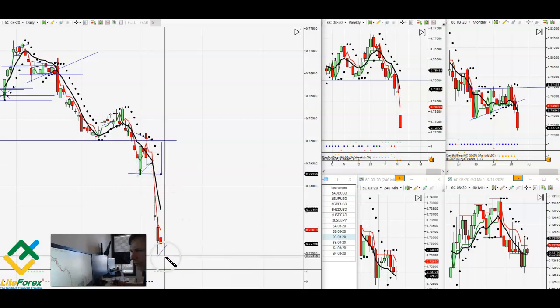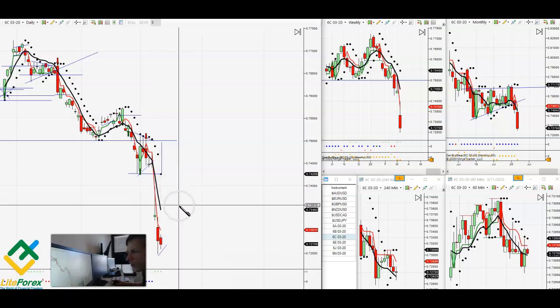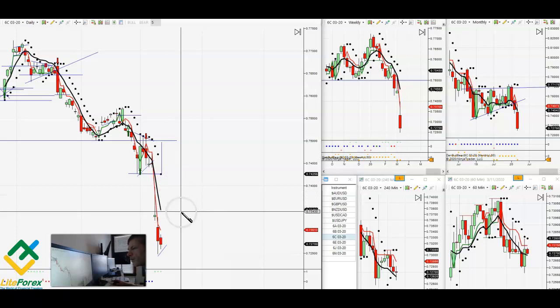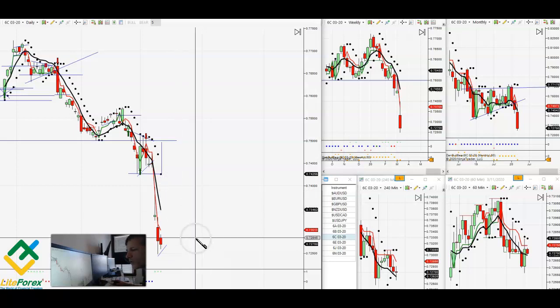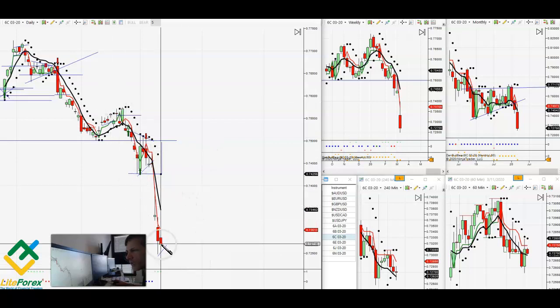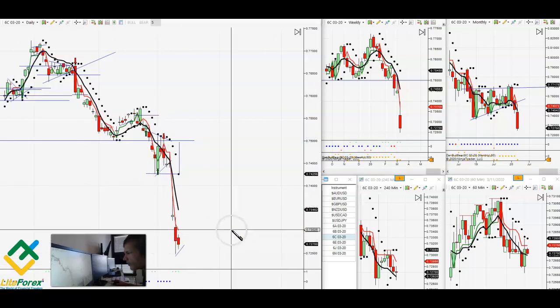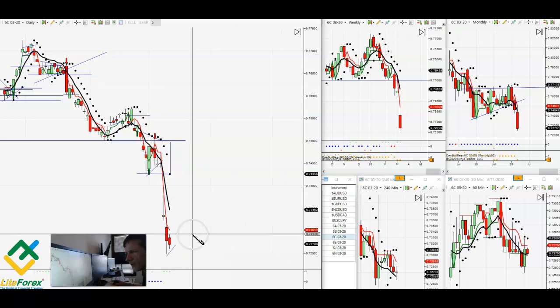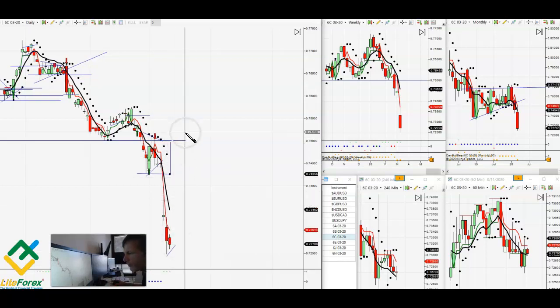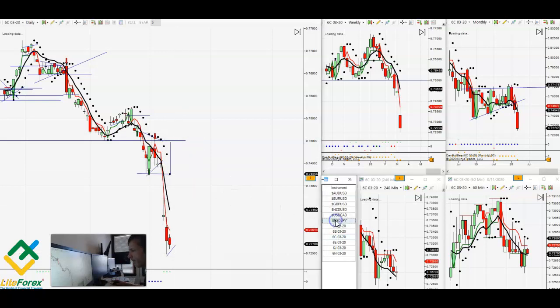Big gap down. Things just don't keep going straight down for long. They're always going to rebound, set up, and then determine whether they're going to continue the downtrend, the next leg down, or they're going to change trends. Clearly, we're in a downtrend on the Canadian dollar. We're in an uptrend on the USD CAD. That's very, very obvious. But this looks more to me like we'll have a rebound to the upside and a pullback on the USD CAD.